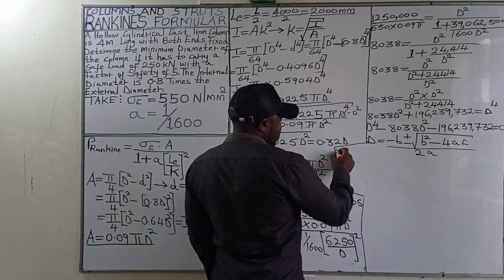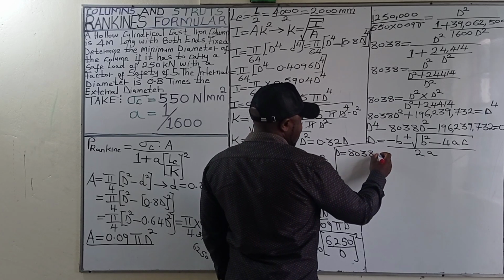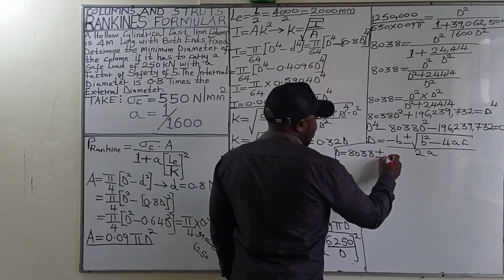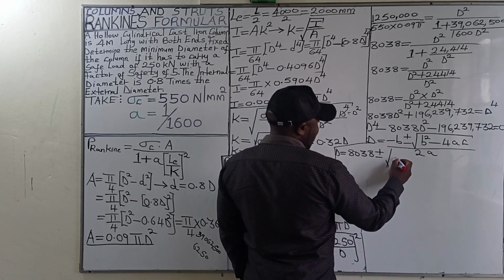So this will result to d being equal to 8038 plus or minus the square root of b squared.